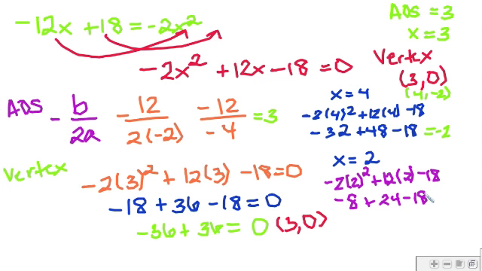So you have negative 8 plus 24 minus 18. You're going to get negative 2. Which tells me that my other one is going to be 2, negative 2. So plotting those 3 points, you can create your parabola. Now this parabola is going to be sad because it is a negative, which means your parabola will be facing in this direction. All right, well, I hope this helps.